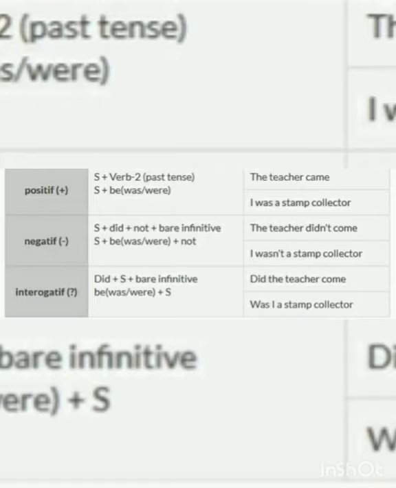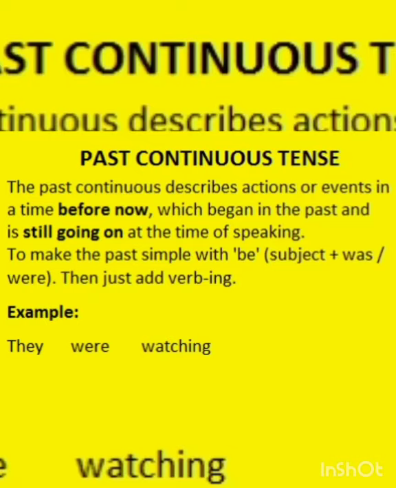And now let us learn the further part of the tense, that is past continuous tense. So my dear friends, this past continuous tense is used for an action going on at some time in the past. First thing is, this past continuous tense, as the word continuous symbolizes, is an ongoing action.